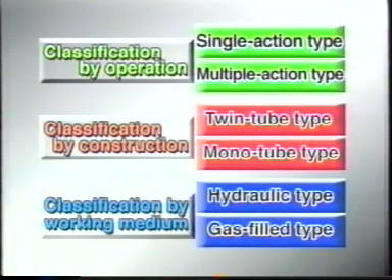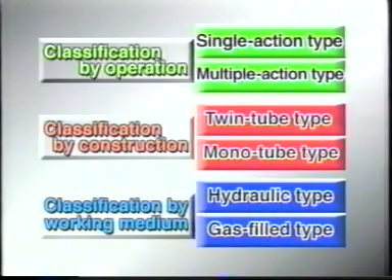The various types of shock absorbers are classified according to their operation, construction, and working medium. By operation, single and multiple action types. By construction, twin and monotube types, and by working medium, hydraulic and gas-filled types.